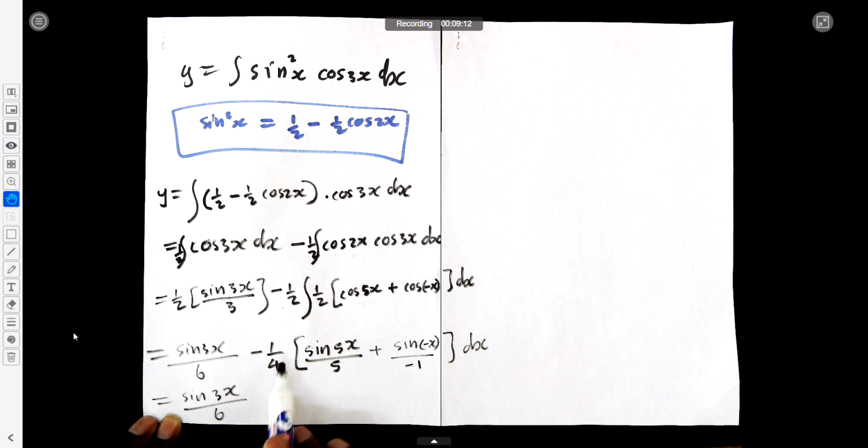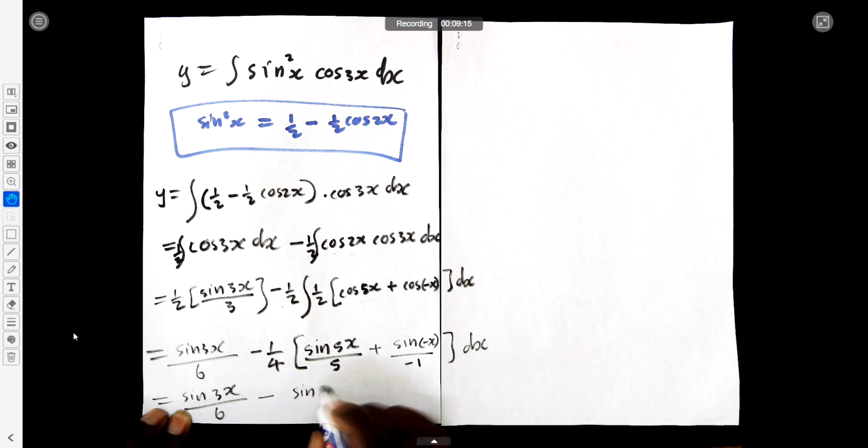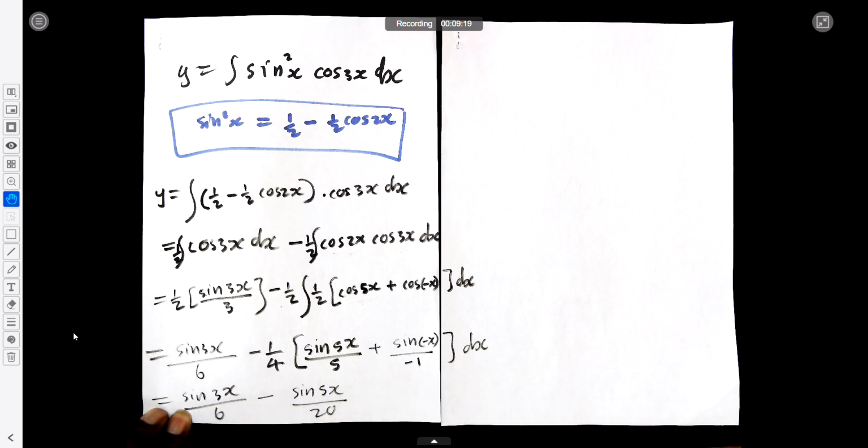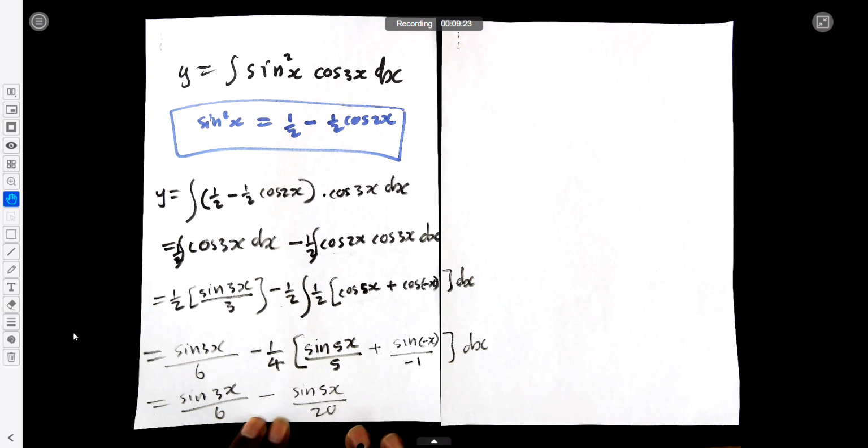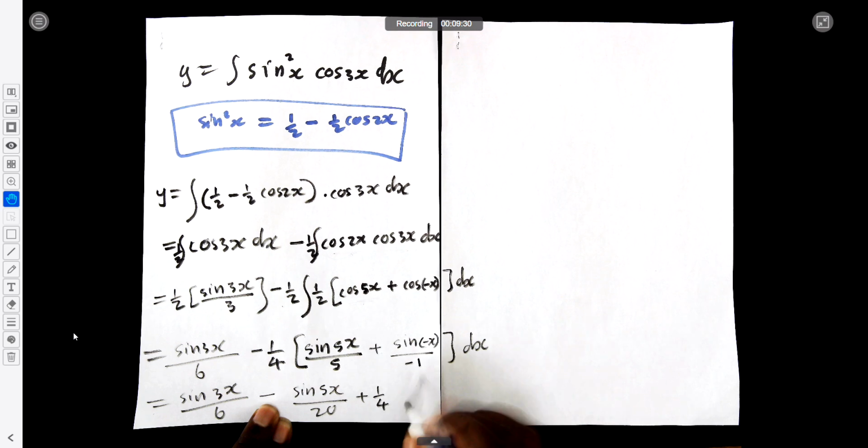So this is going to be negative 1 over 20 sine 5x, all divided by 5, since 5 times 4 is 20. Then the negative multiplies this negative, and we're going to have positive. So plus 1 over 4 sine negative x.